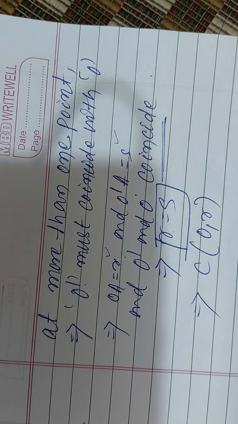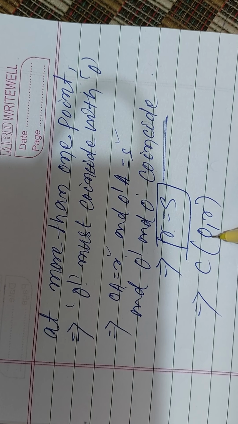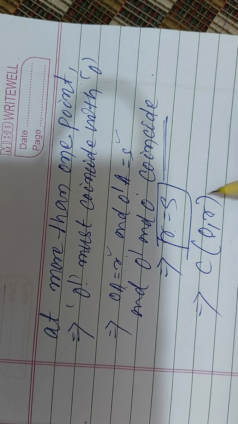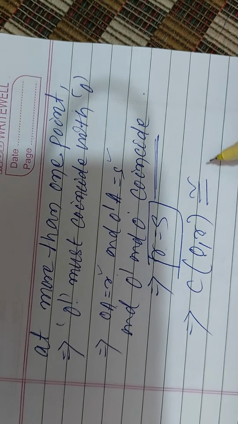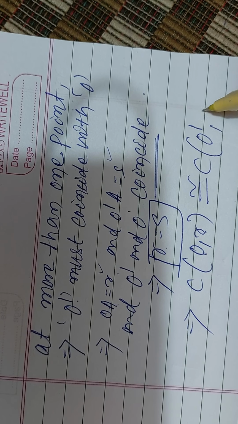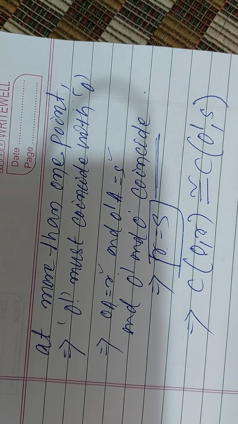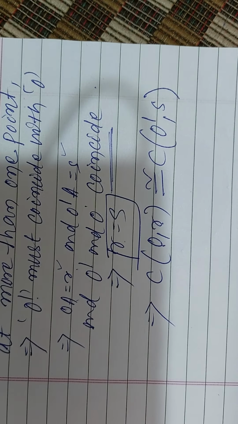So that implies the circle with center O and radius R is congruent to the circle with center O dash and radius S. So what do you conclude here?